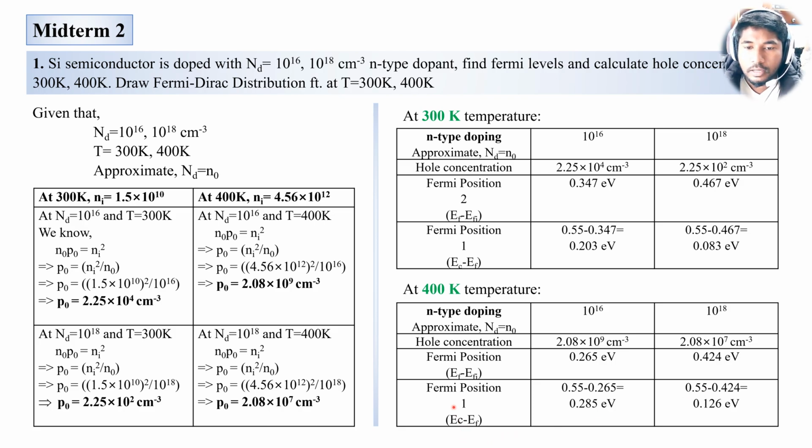If we take the conduction band as the reference level, the Fermi level is at 0.285 electron volt for Nd equal to 10 to the power 16, and 0.126 electron volt for 10 to the power 18 donor concentration.